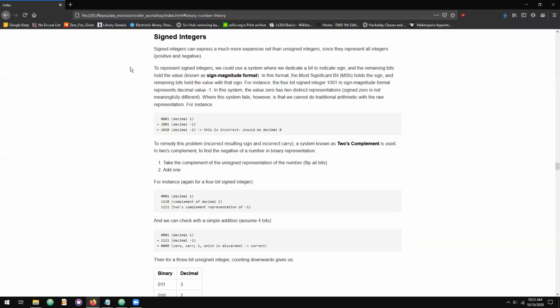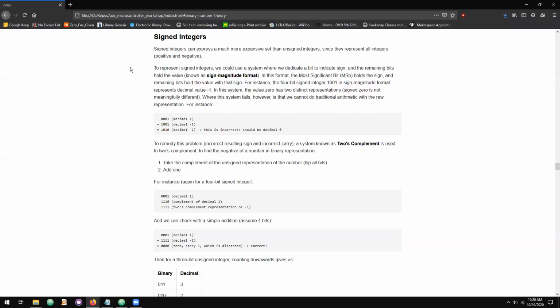So signed integers are typically biased around 0, and what I'm going to call the left half or the lower half of that set of representable values is in the negative numbers range, and the upper half is in the positive numbers range. So in total, we haven't lost any resolution.